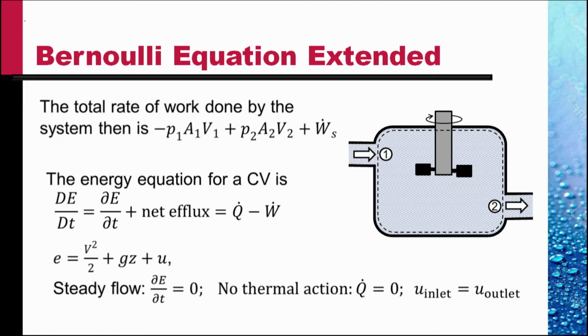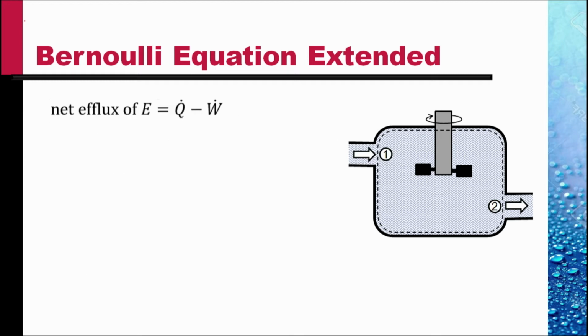The steady flow requirement states that del E by del t is equal to 0, no accumulation. There is no thermal action, so Q dot is 0, and also u at inlet is equal to u at outlet, since there is no change in temperature. So net efflux of E must equal Q dot minus W dot.